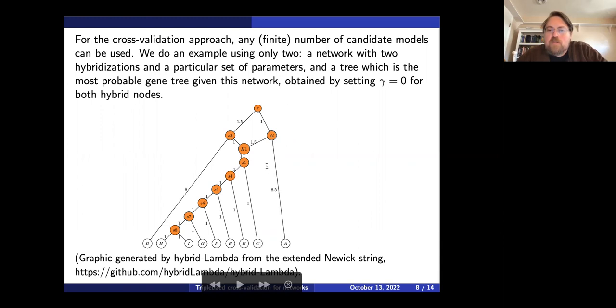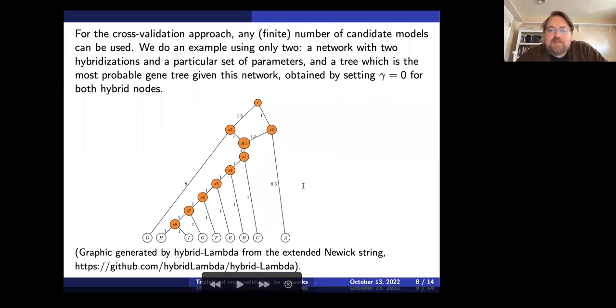So if it's 0, then the data is tree-like, and these taxa B, C, E, F, and so on would cluster with A more likely than with D. And as you increase gamma, there should be more signal for hybridization.